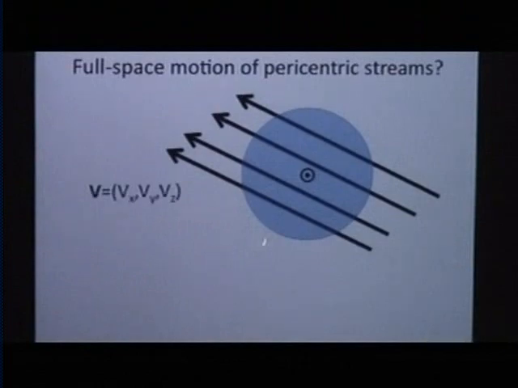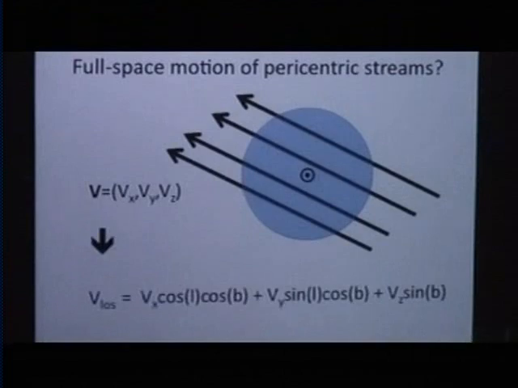I say this is the velocity vector, Vx, Vy, Vz, relative to us. And the line of sight velocity that I measure is Vx times some angular factors, Vy times some angular factors, Vz times some angular factors. It's just a projection. So if we sit here and we look at stars in this direction, and this direction, and this direction, we're going to see an apparent gradient in line of sight velocity.